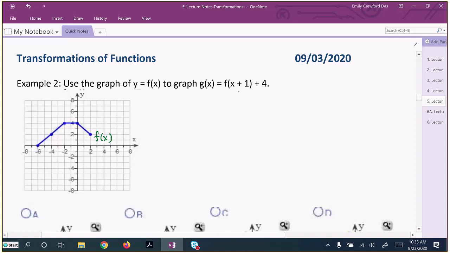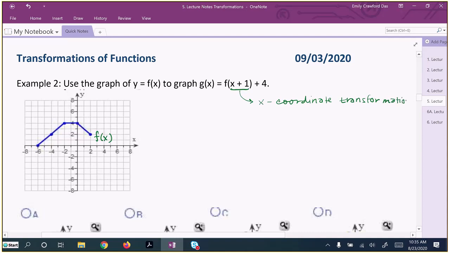So it looks like I have a number added inside the function or added to the x coordinate. So that's going to transform the x coordinate. I also have a number added outside the function or to the y coordinate.